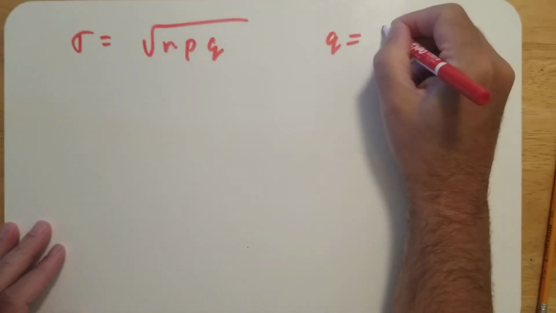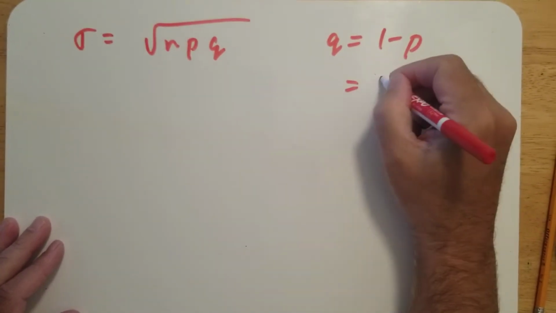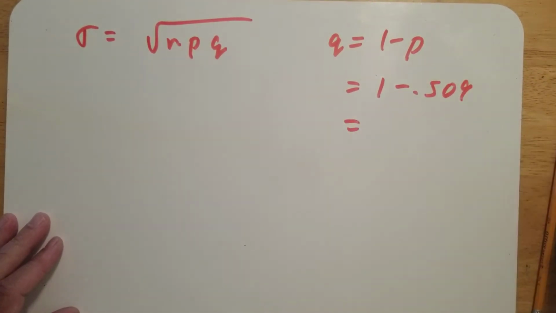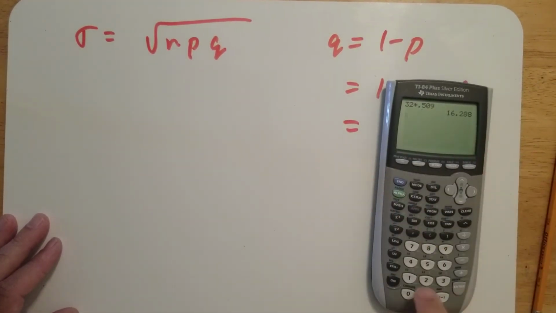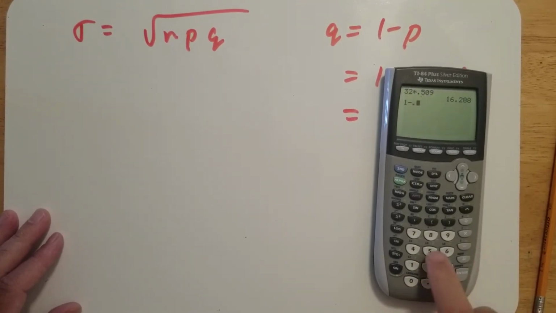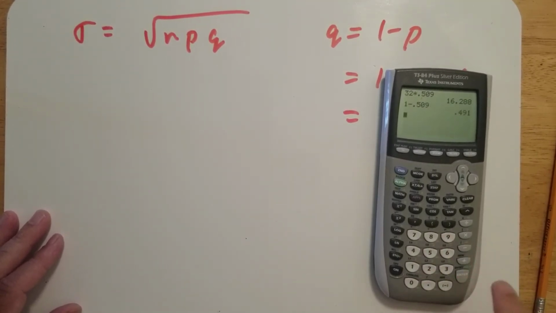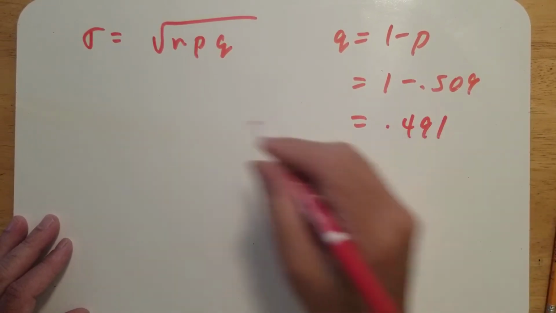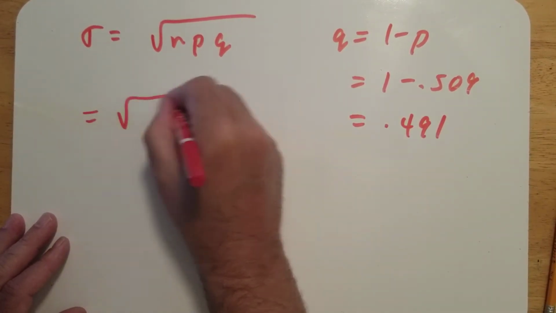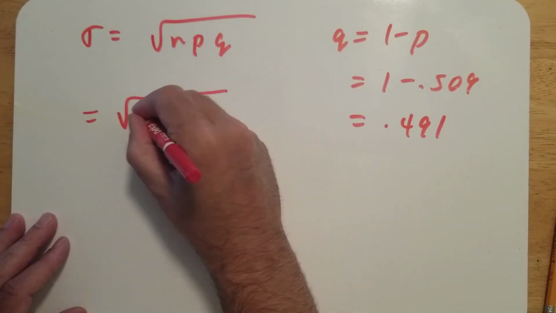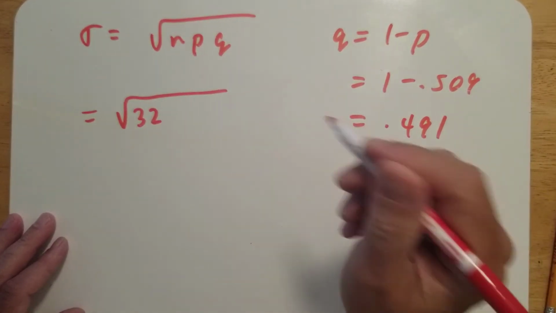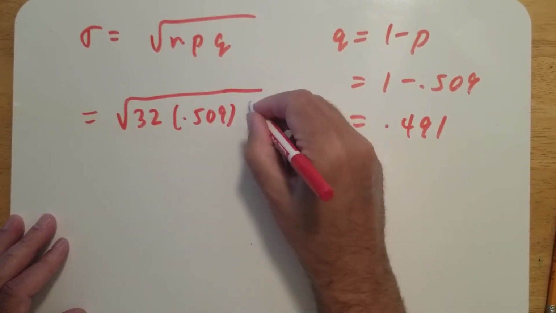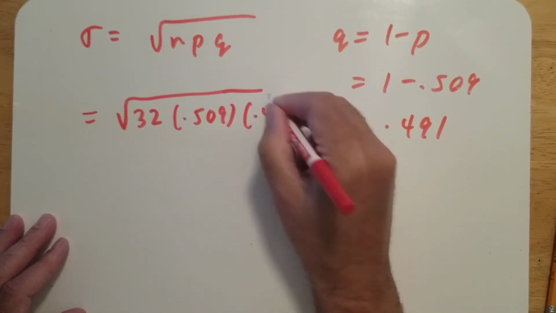Remember, q is 1 minus p, so 1 minus 0.509 is 0.491. So for Wilt's 32 free throws, n is 32, p is 0.509, q is 0.491.